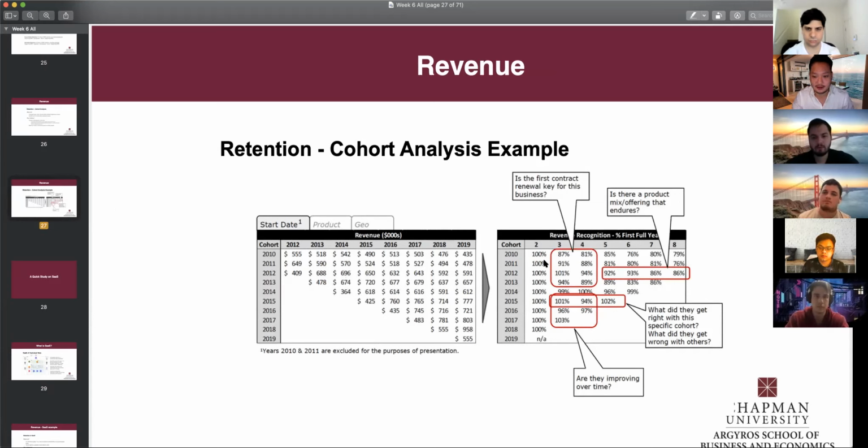It could be the percentage, starting from 100. And every single year that goes by, you're trying to calculate how much and what percentage of the customers are still with you at this time. So really important metrics. Doesn't matter if it's SaaS or just a normal business. You always want to keep track of how you're doing in terms of keeping your customers happy.